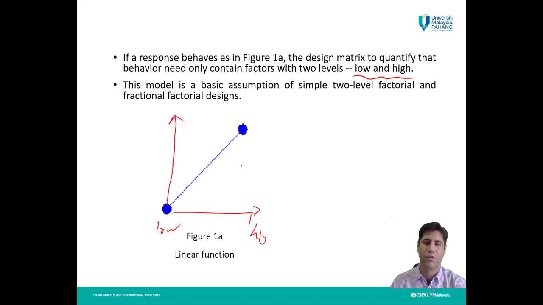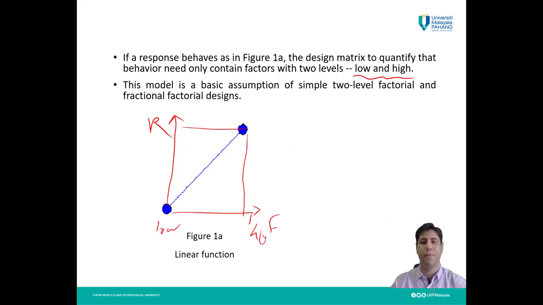So simply, if we know 2 points, we can find an equation to describe a line. If you remember from mathematics, we only need 2 points to describe a straight line. So two levels here is enough.